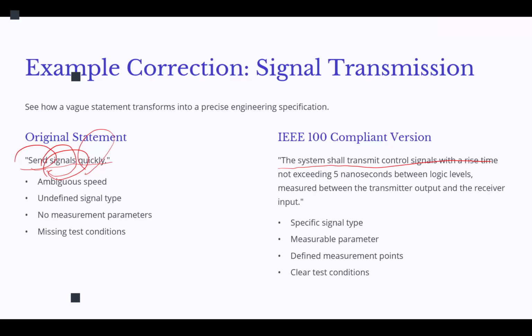It says the system shall transmit control signals with a rise time not exceeding 5 nanoseconds between logic levels, measured between the transmitter output and the receiver input. You see how the difference between these two statements is? How precise the enhanced version is compared to the first, ambiguous version.